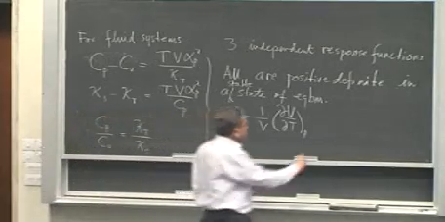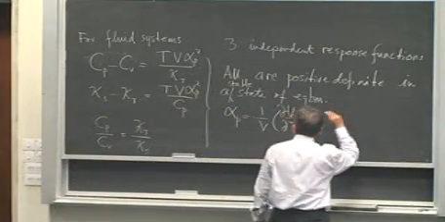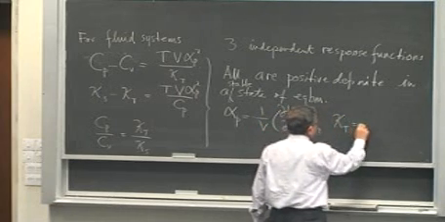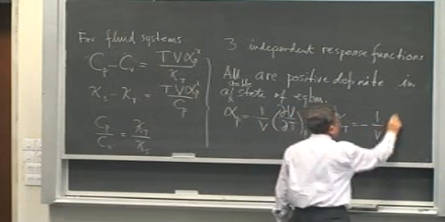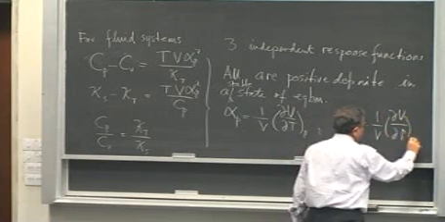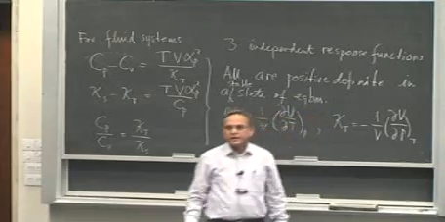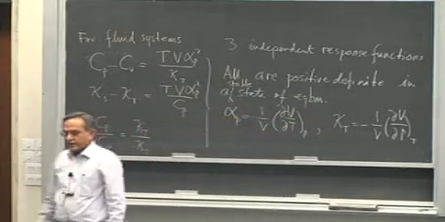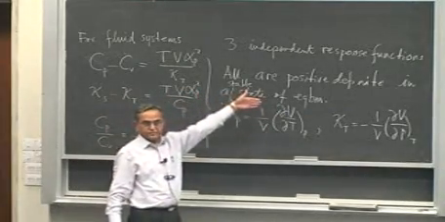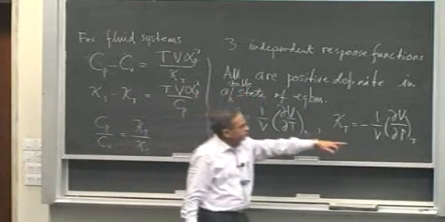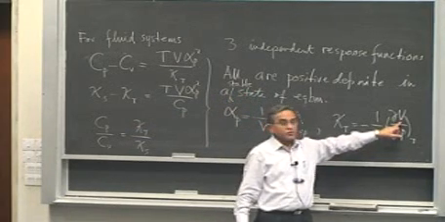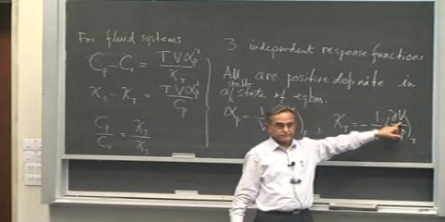Similarly, if kappa T is given as minus 1 over V dV by dP at constant T, then in a normal stable state of equilibrium, when you increase pressure on a gas, volume must decrease.